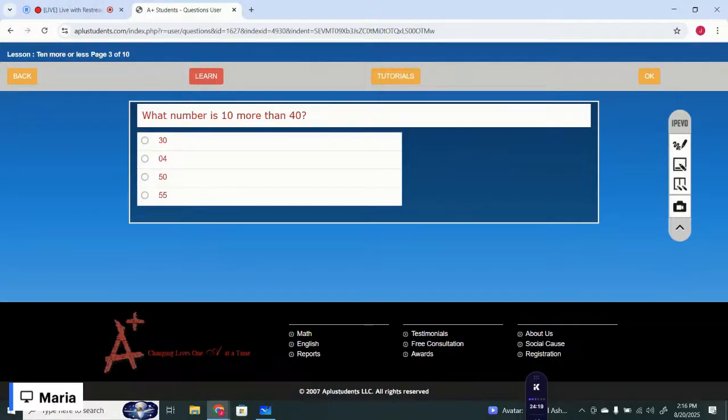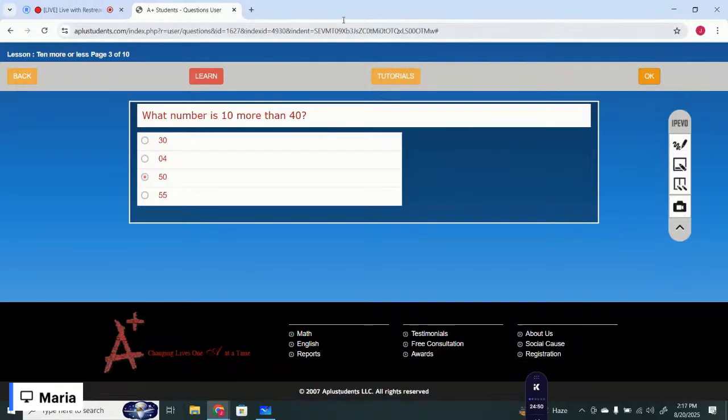Which number is 10 more than 40? 10 more means add 1 to the tens digit. So 4 plus 1 is 5. That would be 50.